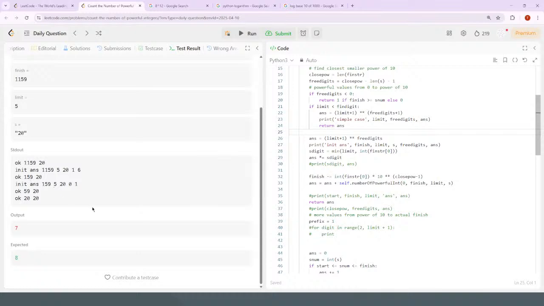So it should be 120 and 020, like 1020 and 1120, but it's not doing that. Oh, there's no way this should be working. So this should be 0, 59, 20. I don't know where the 0, 20, 20 comes from.